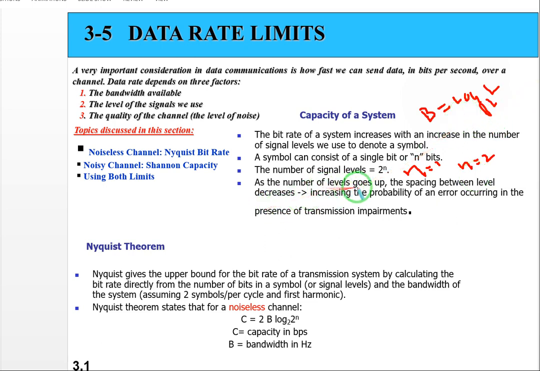As the number of levels goes up, the spacing between the levels decreases, and this also increases the probability of an error occurring, because with the spacing decreased there are chances of overlapping, interference, etc. Due to interference and overlapping, your data may have bit errors.